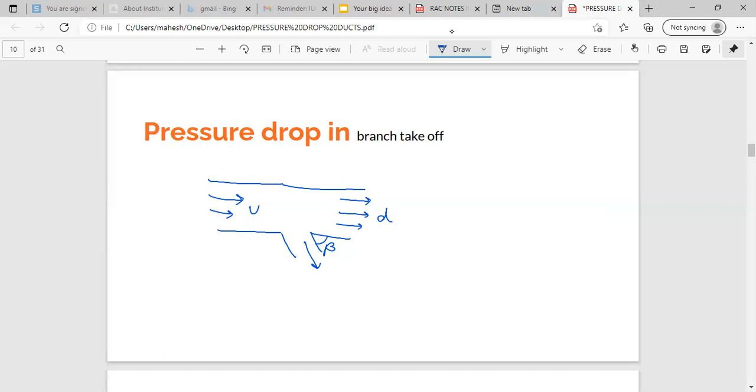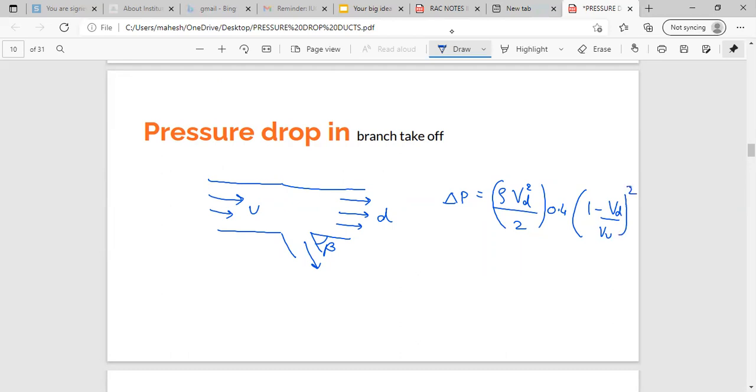In such a scenario, you can calculate the pressure loss because of this branch takeoff as a function of, again, the velocity head rho v square, but this is now the downstream velocity, upon 2, into 0.4, into 1 minus the downstream velocity upon the upstream velocity square.